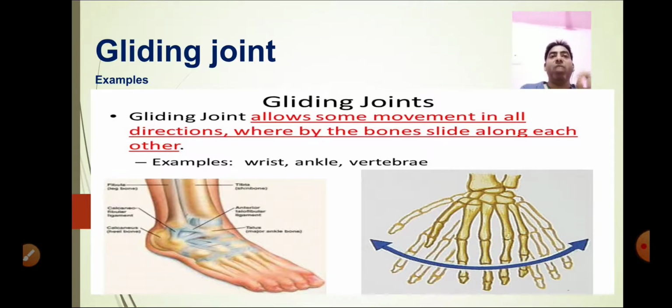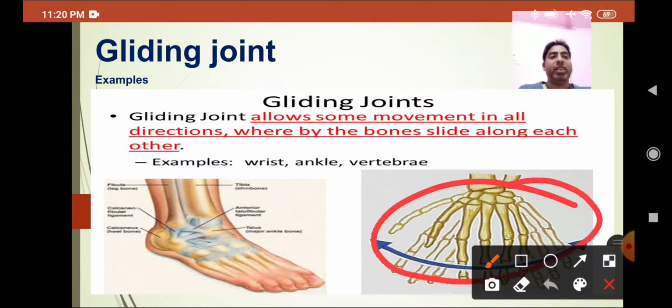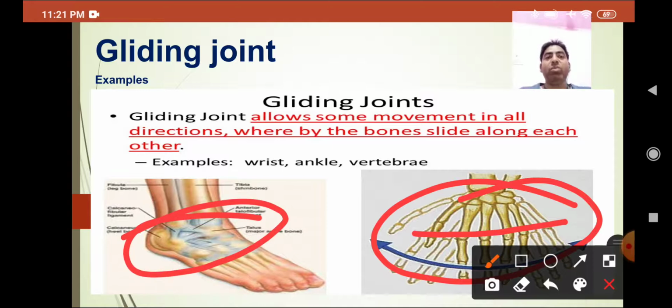Gliding joints are found in the wrist. Here you can see the wrist, where the gliding joints are found, between the carpals. They are also found between the ankle and the tarsals.